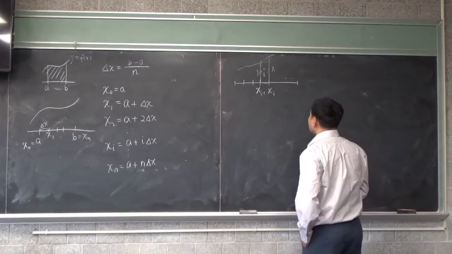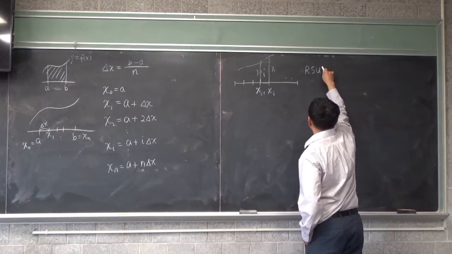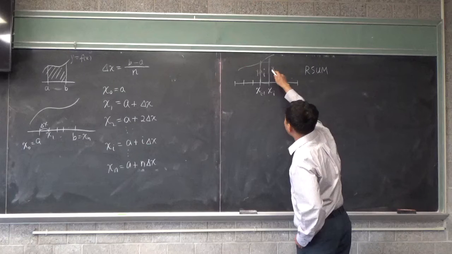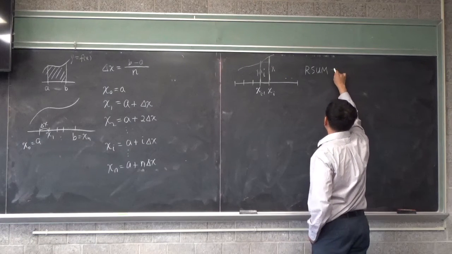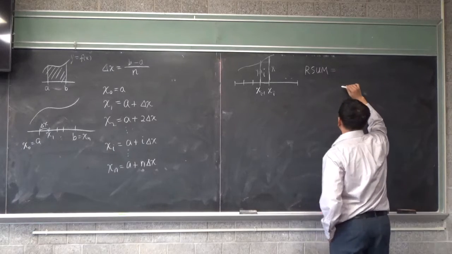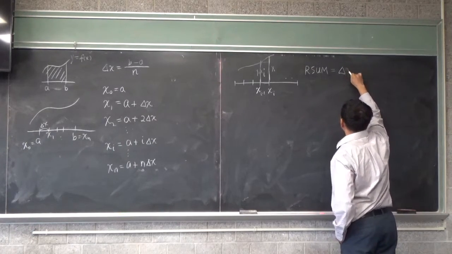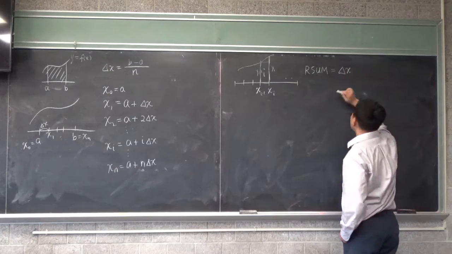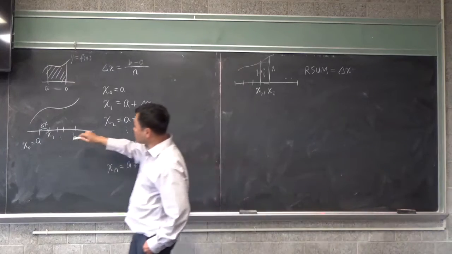So first of all, let's think about the right sum, R sum, which means that you build a building using the right endpoint. And for R sum, it's a summation of, well, delta x will be the base length. It's base times height, right? And what is the right endpoint of the very first building site?